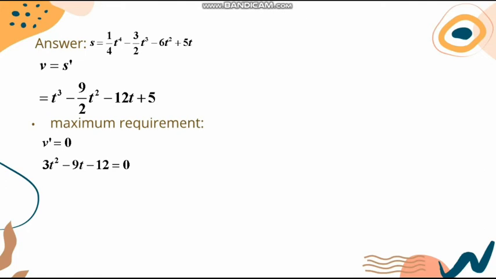The derivative of t to the power of 3 is 3t squared, minus the derivative of 9/2 t squared, which is 9t, minus the derivative of 12t, which is 12, and the derivative of 5 is 0. And this equals 0.